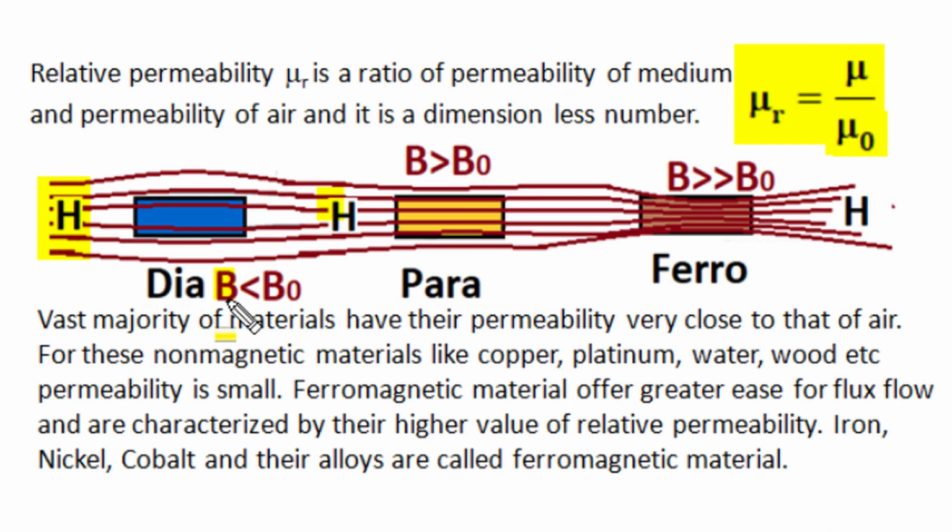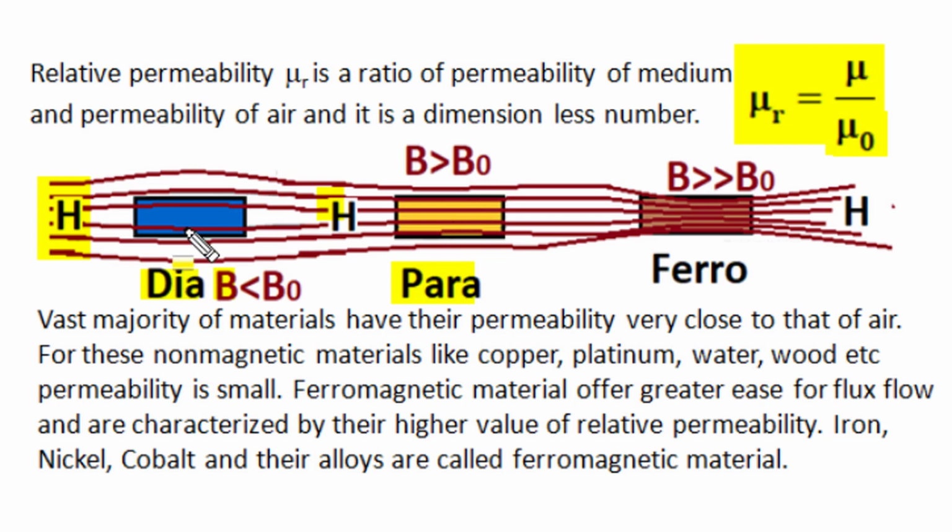And the vast majority of material are either diamagnetic material or paramagnetic material, and in these materials magnetic induction in the material medium is very close to magnetic induction in air, because permeability of these dia and paramagnetic material is very close to permeability of air.